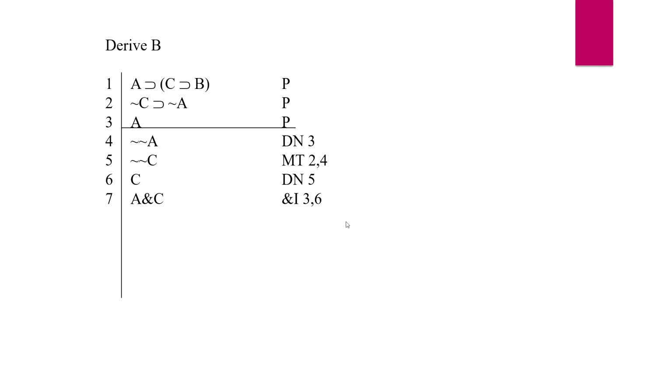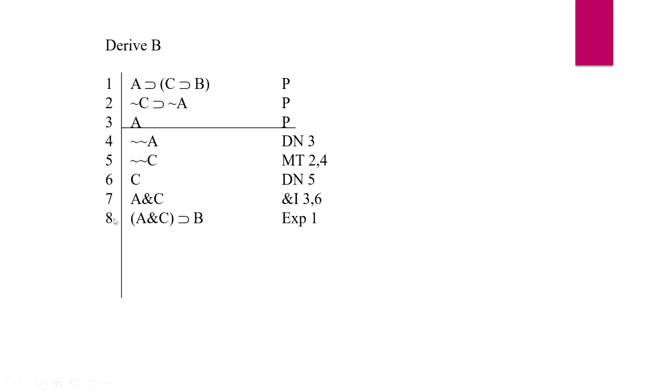And I want to do this because when I look at 1, I have if A, then if C, then B, which if you remember our rules for conditionals, we know we have exportation, which allows us to turn that into if A and C, then B. So now we have the antecedent and that conditional.